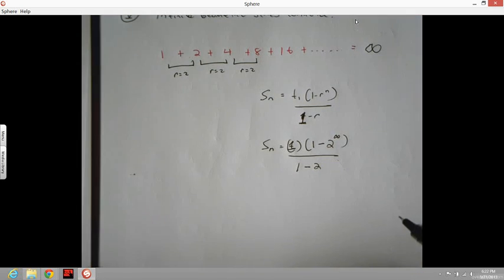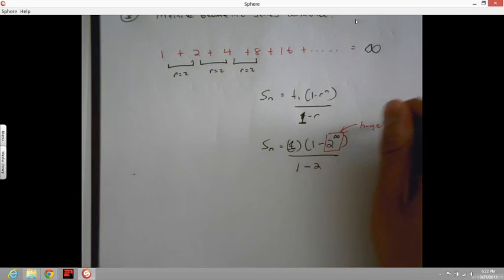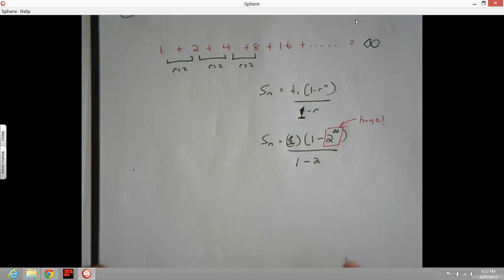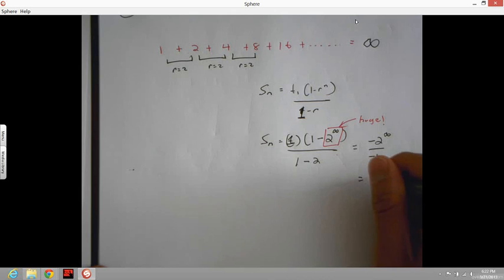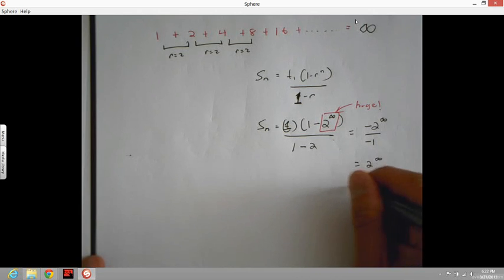Which one of these terms is going to be huge? Well, it's going to be this one. This is actually going to be huge. Not going to work out for us mathematically. If you were to simplify this, it'll look something like negative 2 to the infinity over negative 1, or it'll be 2 to the infinity, which you know 2 to the power of a humongous number is going to be infinity in itself.